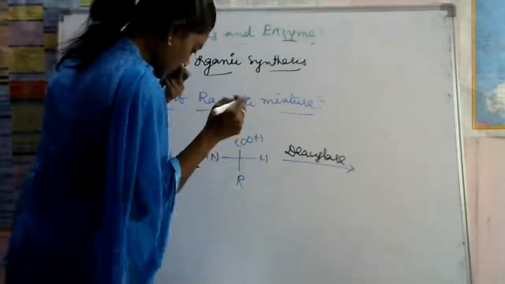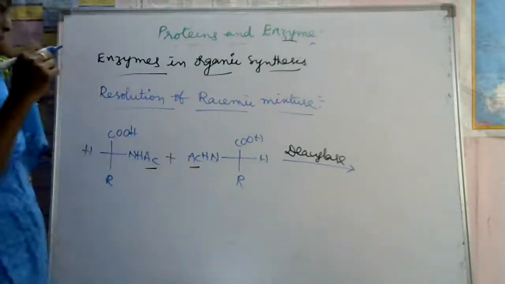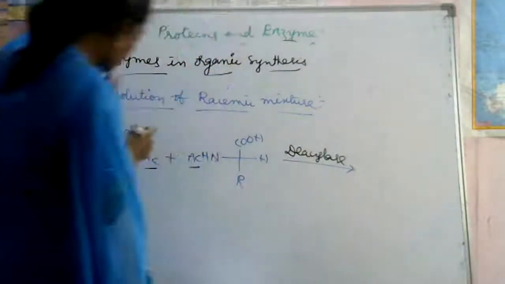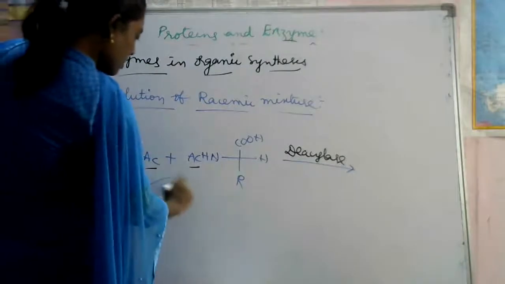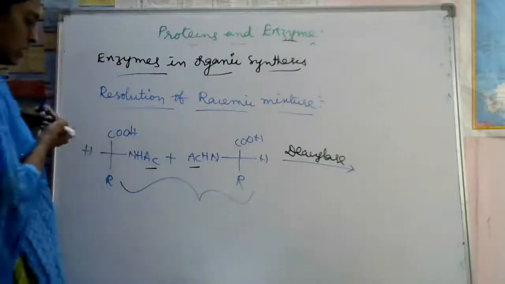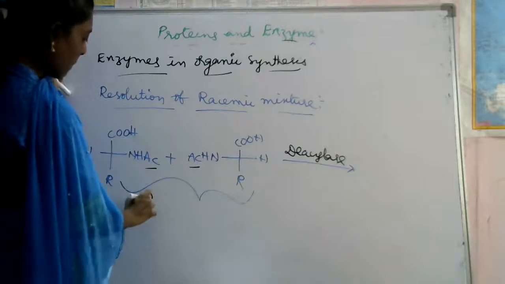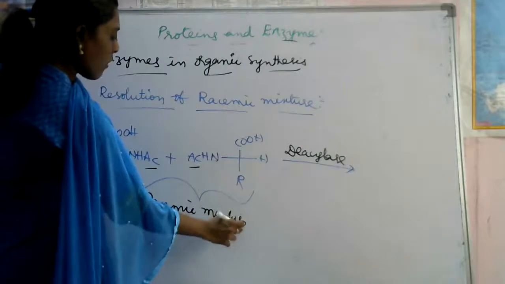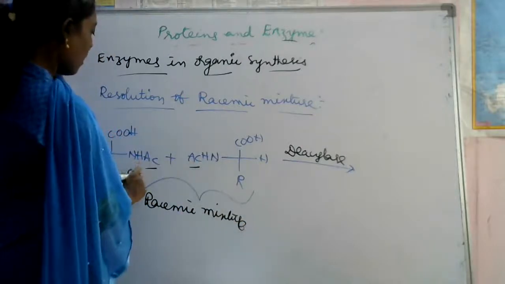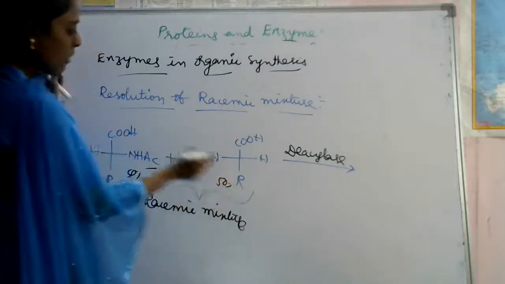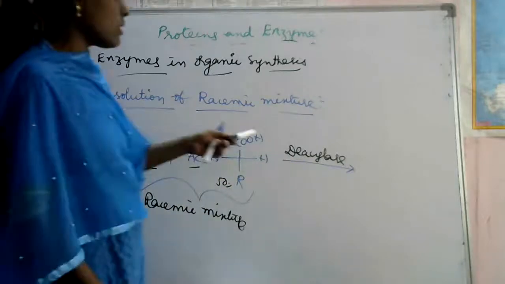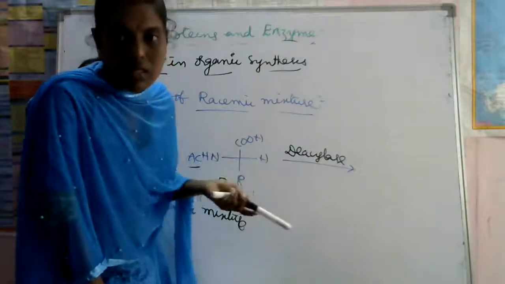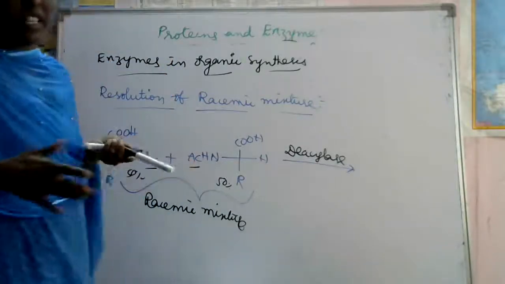So next, what will happen here? This is the racemic mixture. Racemic mixture means 50% of this product and 50% of this product. By using this enzyme, we can make one of the enantiomers in high yield, so thereby it will be separated easily.